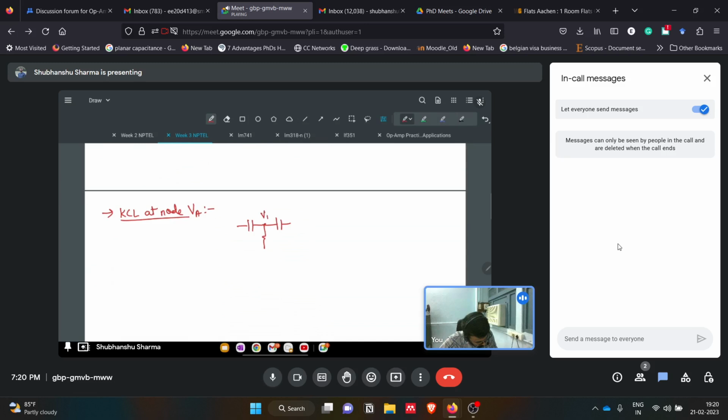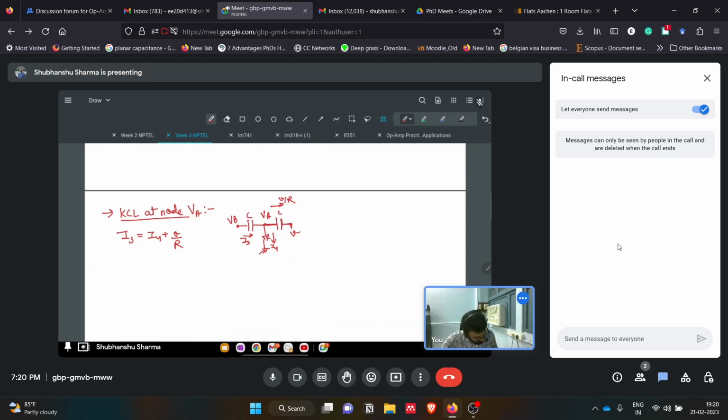This is VA, this is C, this is VB, this is I3, this is grounded, this is resistance, this is I4, this is V. Now a simple current equation: I3 equals I4 plus V by R. So here it is V by R, current going from this branch. Fine.